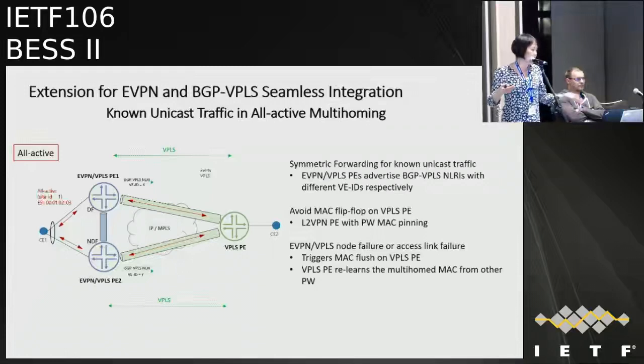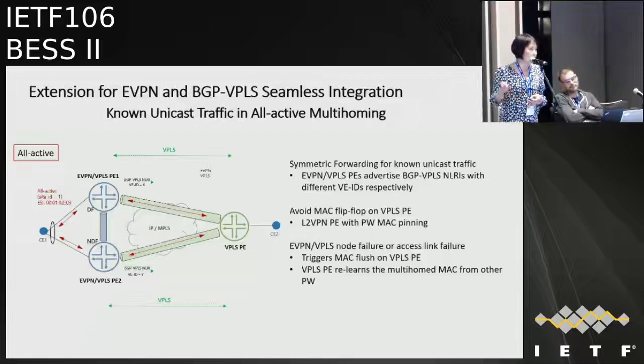Let's say it first comes from PE2. So VPLS will think CE1's MAC is always accessed by PE2. Even though it later learns the MAC from PE1, due to the MAC pinning feature on the pseudo-wire, they will never have a flip-flop going back and forth.